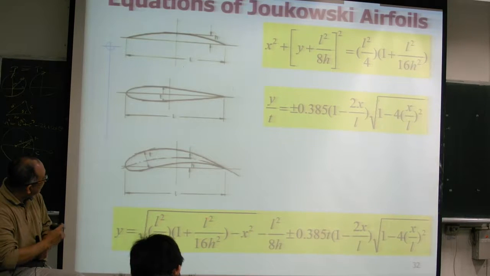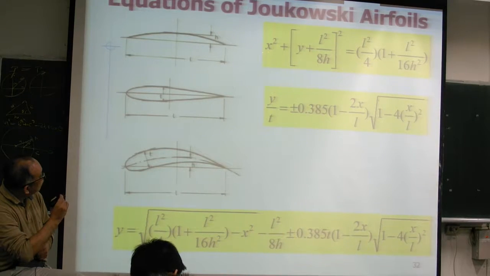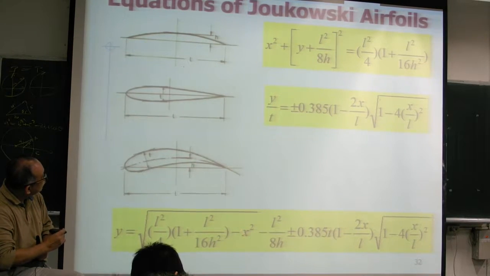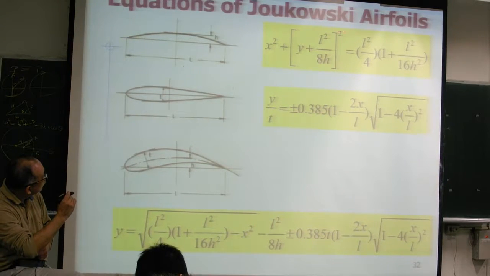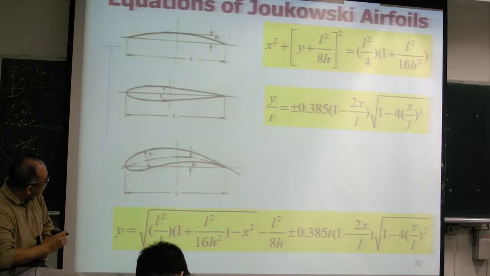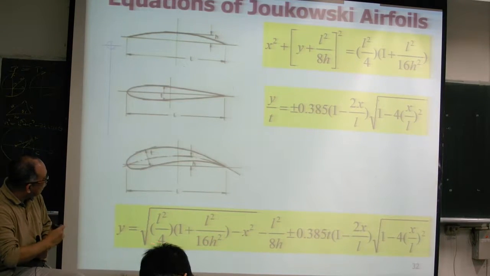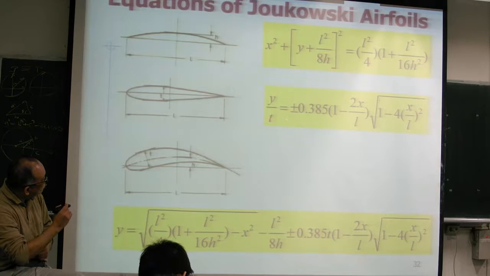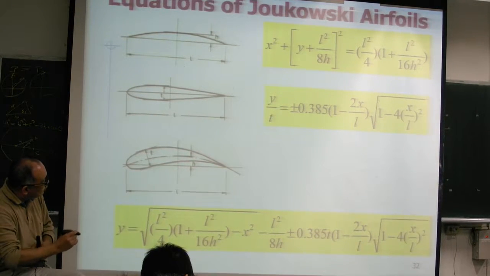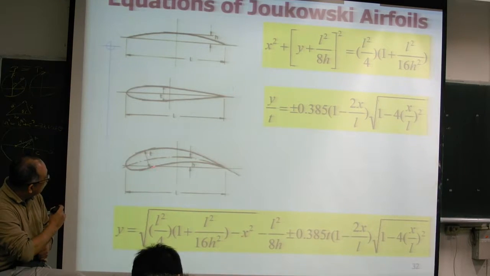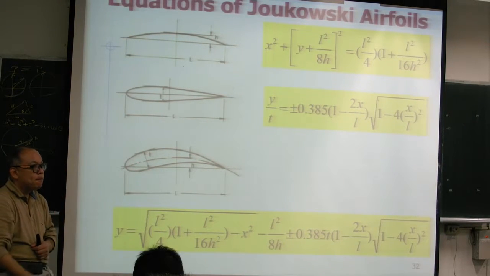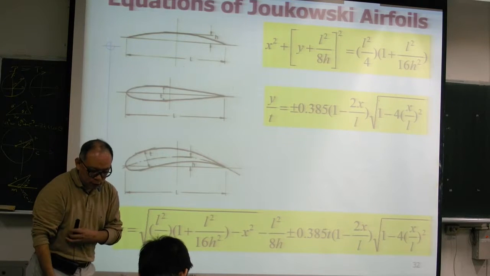With a camber effect, this number minus s squared, and then take a square root, and then minus this, right? So that gives you this y, and this y plus the thickness effect will be superimposed together, giving you the Joukowski airfoil with thickness and camber. So that's the coordinate.